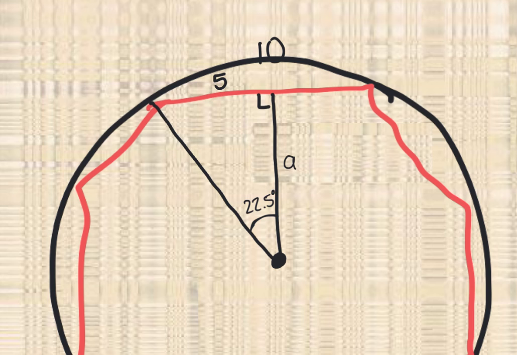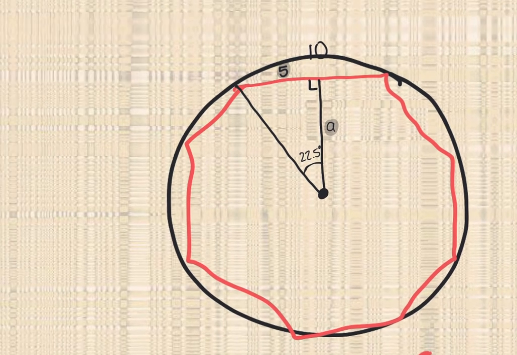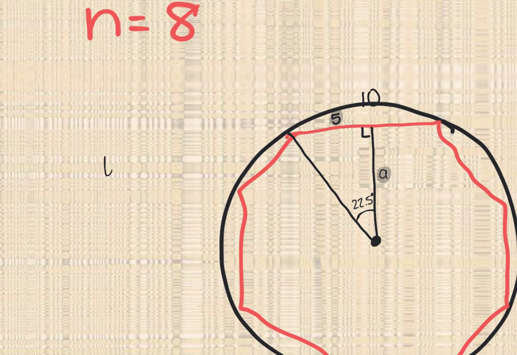Either way, that's fine. Now, we have to figure out the trig ratio that will use the 5 and the a, okay? And the trig ratio there would be tangent. So we take the tangent of 22.5 and set that equal to 5 over a. We get a times the tangent of 22.5 equals 5.